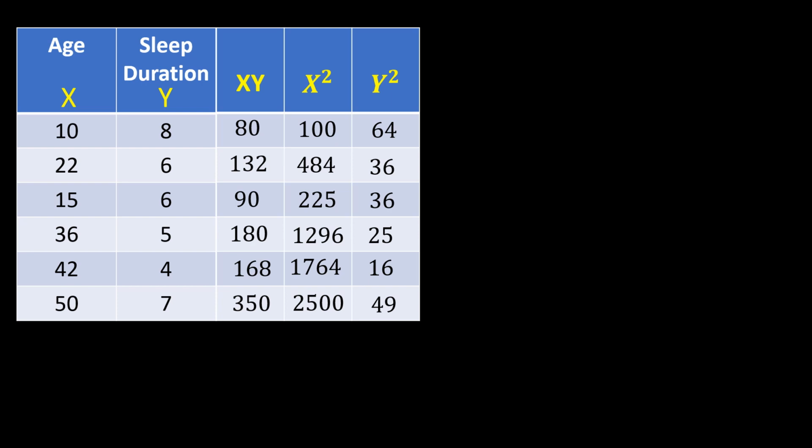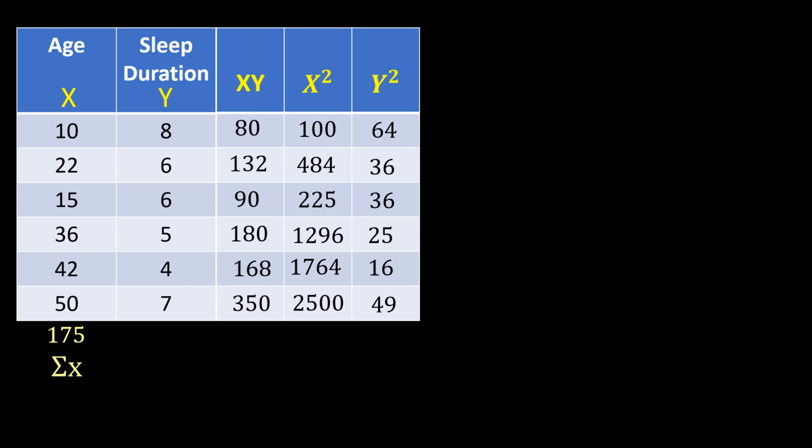And then we're going to take the total for each column. The total is denoted with the Greek letter summation, or sigma symbol. It means sum of the column x. So let's add. 10 plus 22 plus 15 plus 36 plus 42 plus 50, you'll get a total of 175.